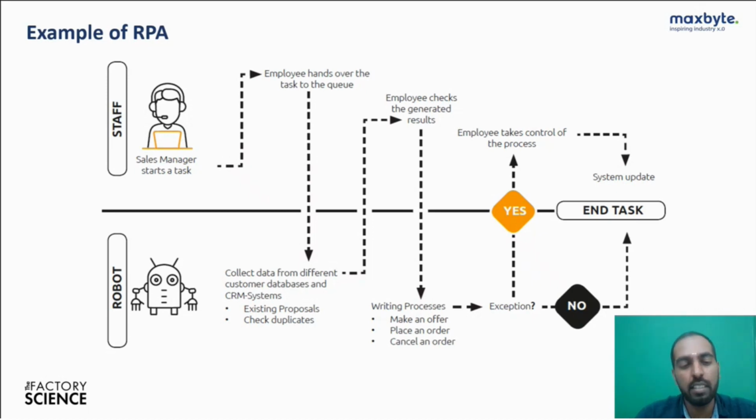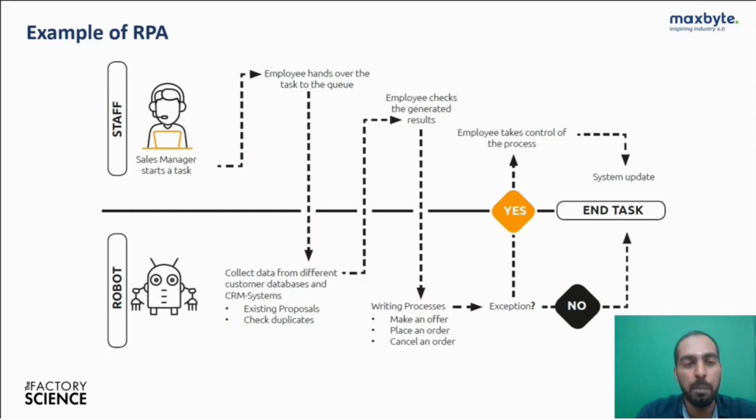In case there are no exceptions, we can end the task. If there are exceptions, where human intervention is needed for some rules or decisions to be made based on the offer or order, the employee can take control of the process and proceed or end this particular task.